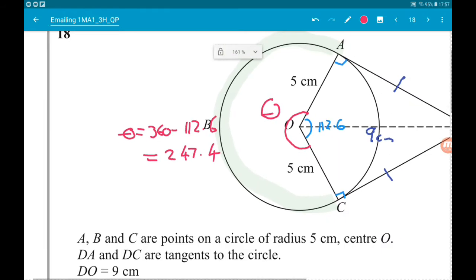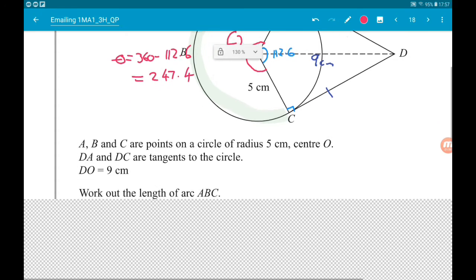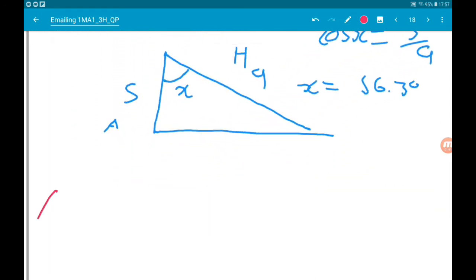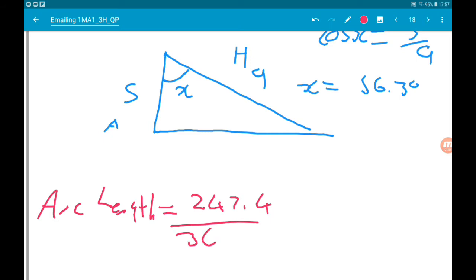So we can now finally work out the arc length. So the arc length then is 247.4 over 360 times 10 pi centimeters.